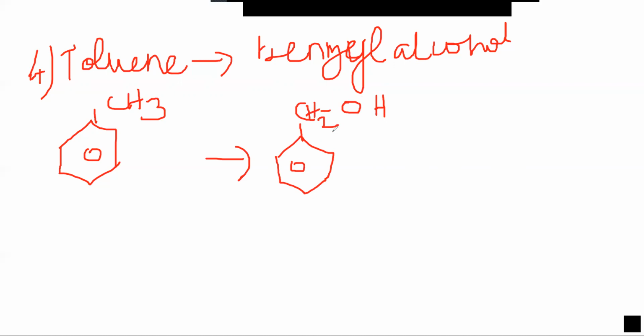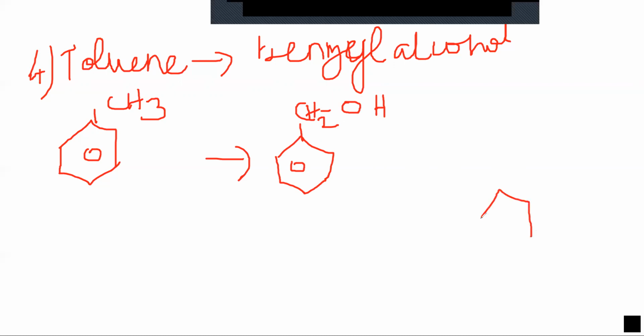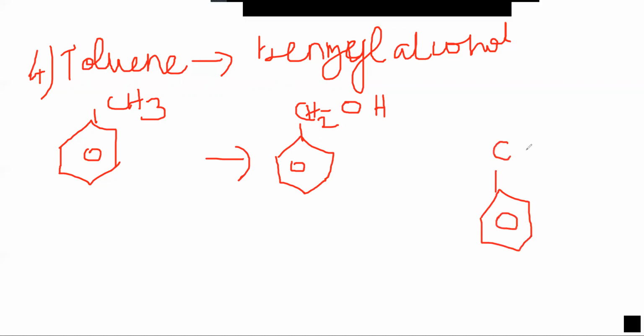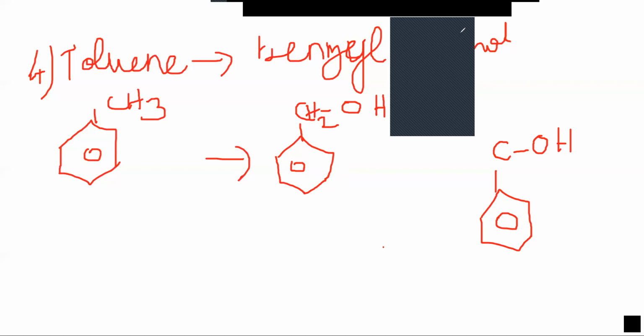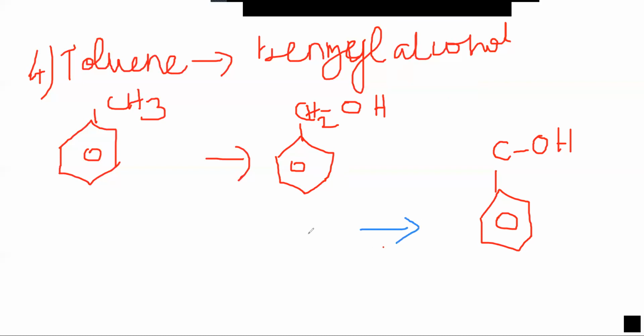Now I'll tell you how to work out the conversion from the backside. Working from the backside is very easy. Here I'll write the skeleton alone. You have a C-OH bond. The previous step, the C-OH bond would have come from C-Cl, because C-Cl bond breaking is very easy. So the previous step must be C-Cl. From the C-Cl bond only, the C-OH bond would have come.